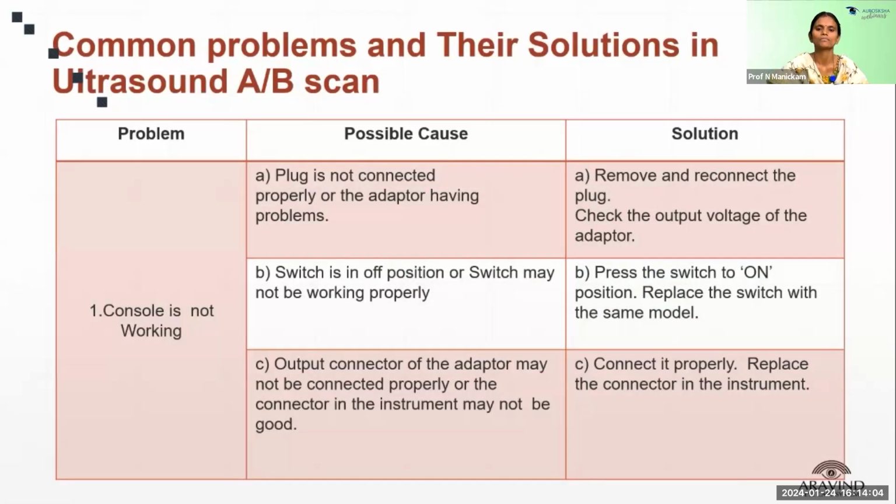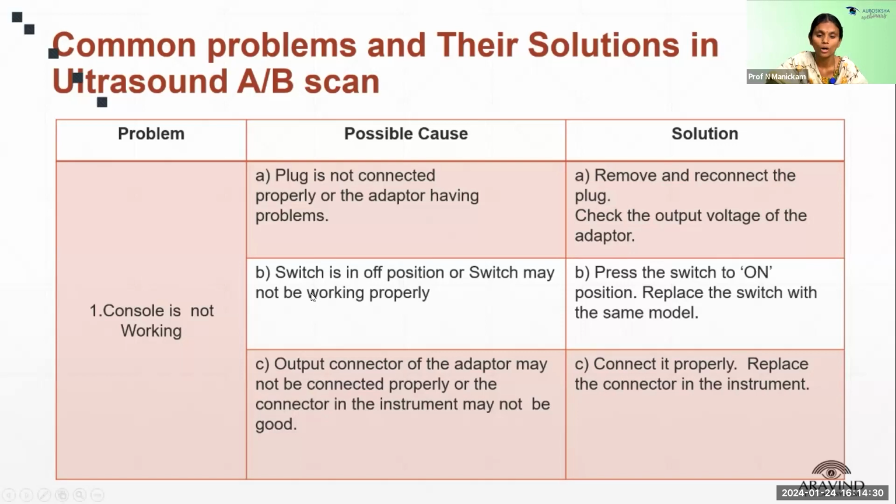Next, let us see some common problems and their solutions in the ultrasound AB scan. If the console is not working, maybe the plug is not connected properly or the adapter has a problem. If the connector is not connected properly, remove and reconnect it, and also check the voltage of the adapter using a multimeter. If it is not correct, replace it with the same rating.